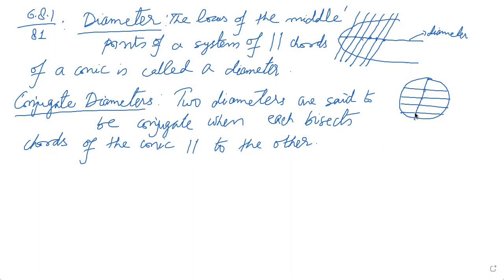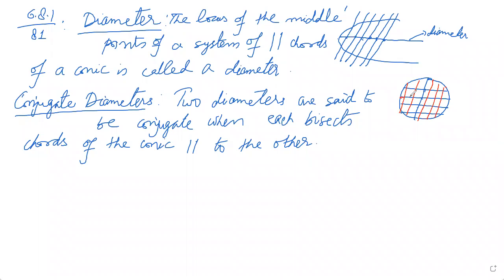अब इस diameter के parallel अगर मैं chord ले लूं, so I can take this red color chord, है ना? This is parallel to this diameter, suppose, like this. ये chord आ जाएंगी इस तरीके से. Okay? अब इन chords को अगर I will take a locus of the middle points of these chords.